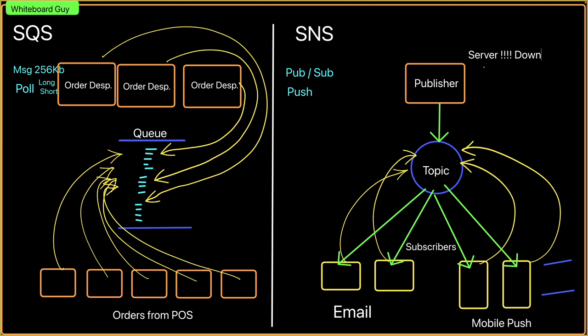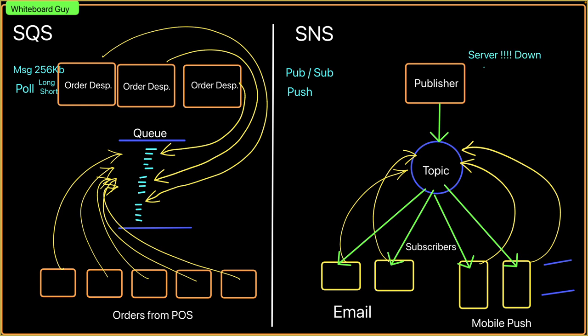Maybe I've got people that are looking after the server, and they'll get that message that will be pushed from that topic via email. It could even be an SMS as well, sent to those users who are then able to action those services specifically as well. So that's the difference between a simple queuing service versus a simple notification service. What you'll need to remember is that the simple queuing service is a polling service. It's got a message size limit. Simple notification service is a pub-sub service, and it pushes messages out.